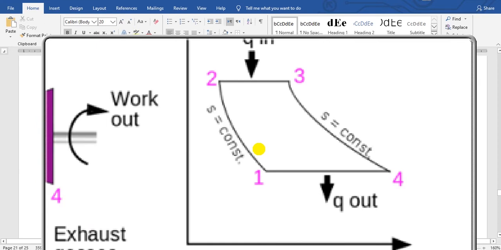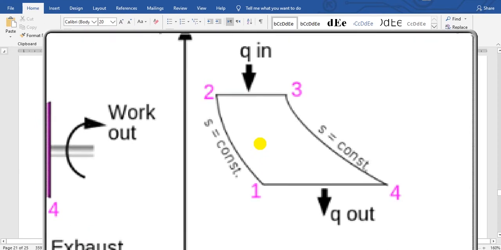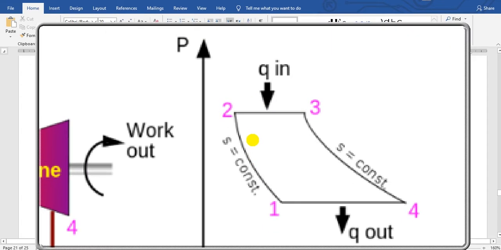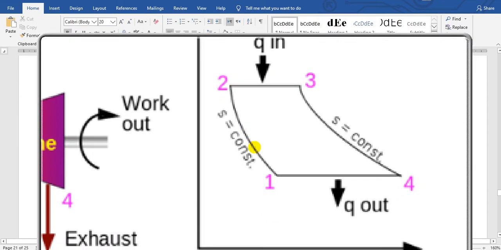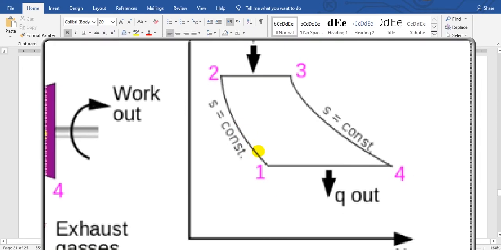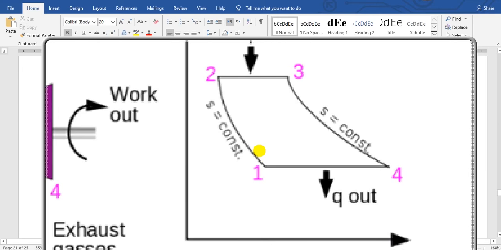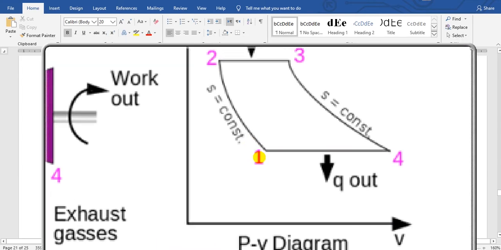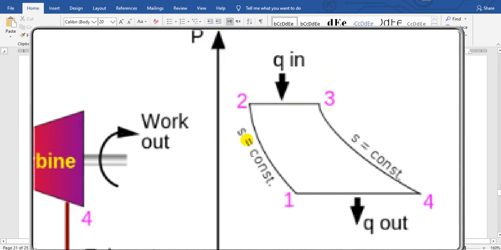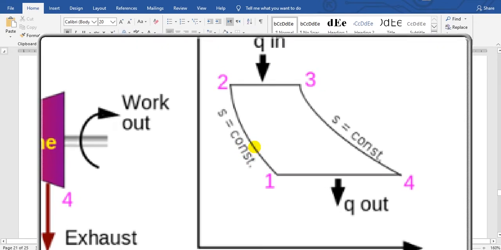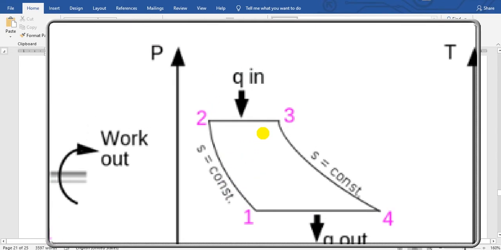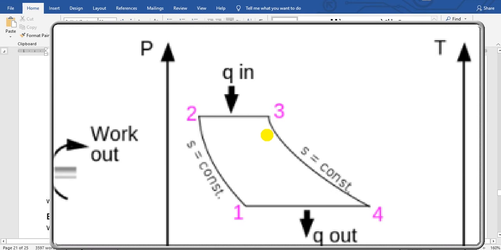From point 1 to point 2, the pressure increases. S means entropy, I will show you after that. Here Qn from point 2 to point 3 is the heat added during combustion.